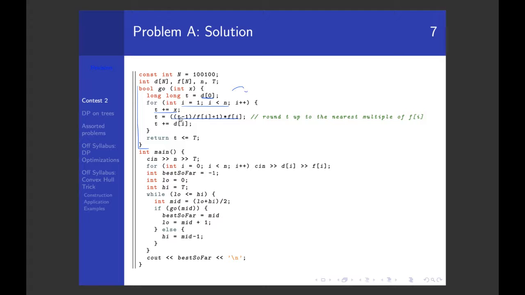This is using the third idea, where we subtract 1, divide, then add 1. Work out P on Q rounded up, that's this here, and then we multiply it by this. And then we add the time it takes us to spend on that train. Finally, at the end, we just check, is that less than t? And this is just scanning the input and doing a binary search here.